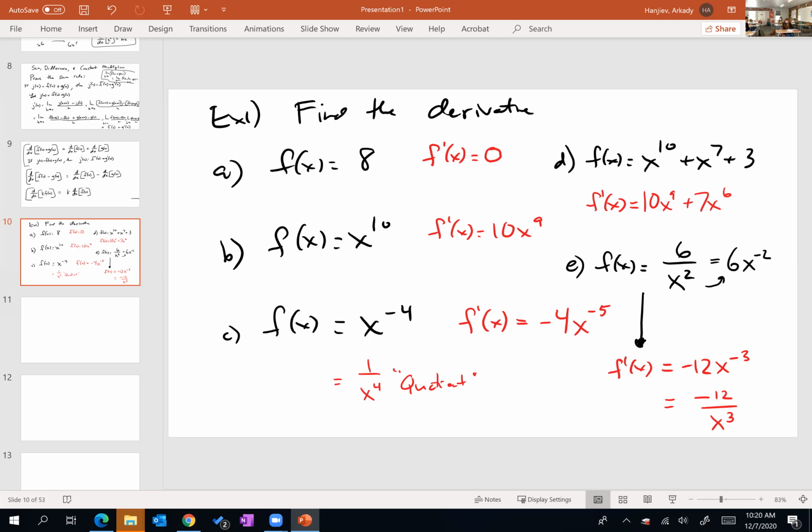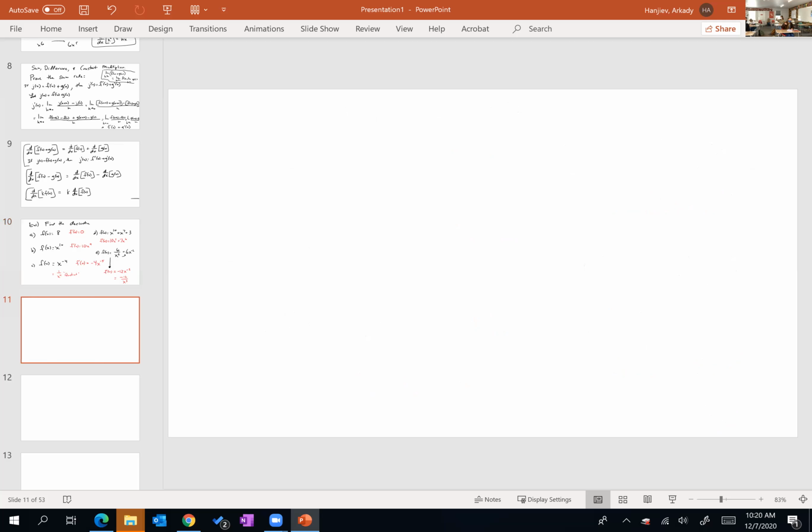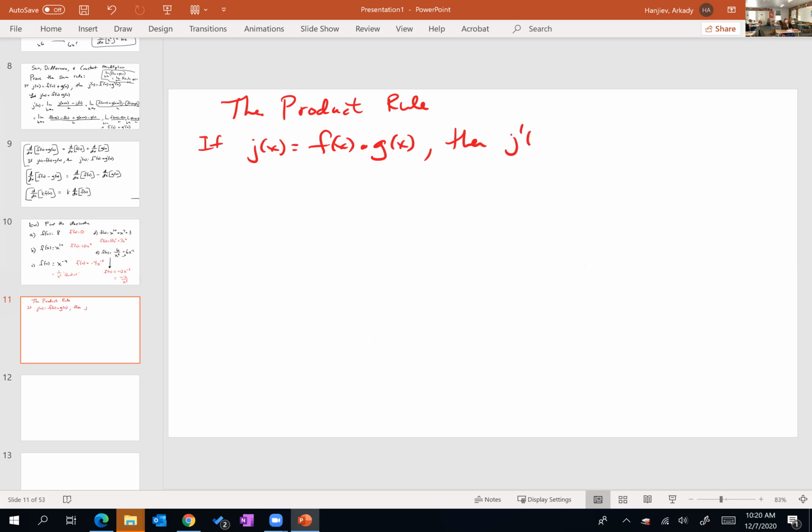So far we've been dealing with addition and subtraction this year. Next, let's deal with multiplication, the product rule. So now the real question is this: if j of x is equal to f of x times g of x, then what's the derivative going to look like?